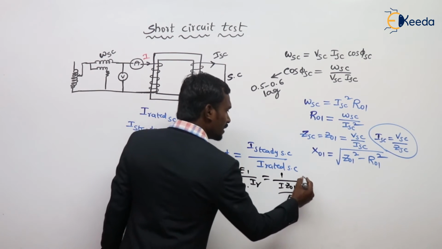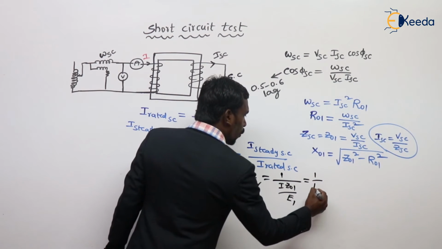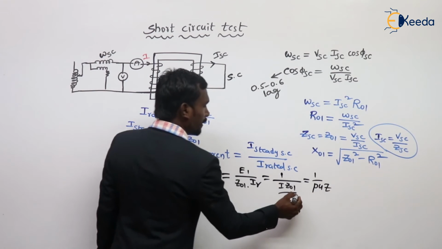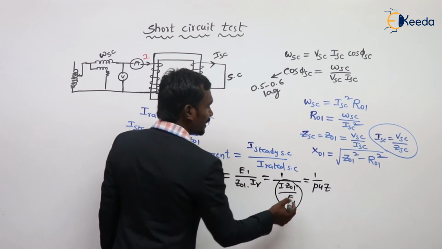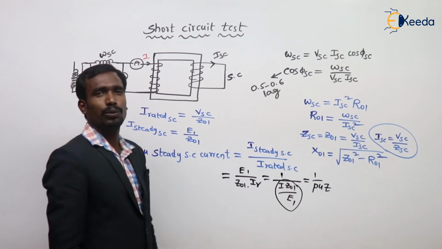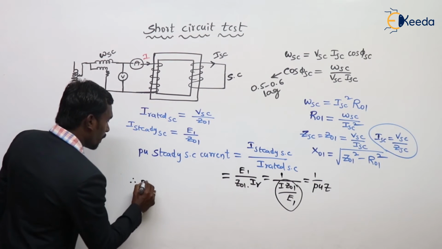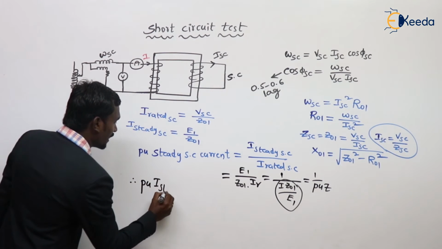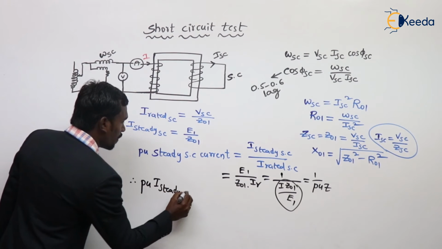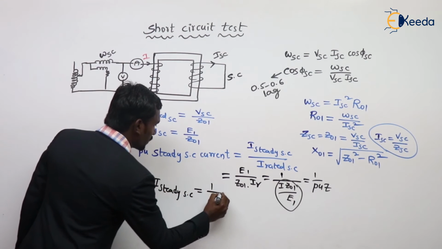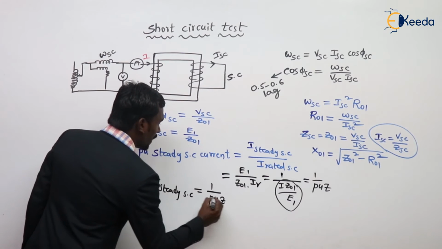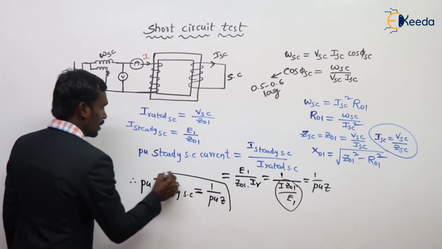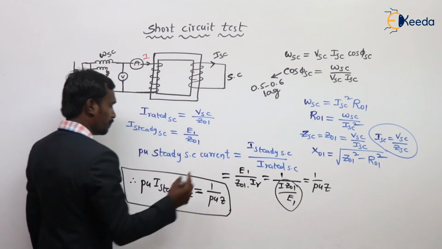What can it be written as? This can be written as 1 upon per unit impedance. Yes or no? IZ by E, actual value by base value. So therefore per unit steady short circuit current is equal to 1 by per unit impedance.